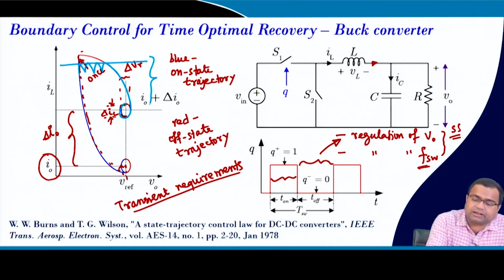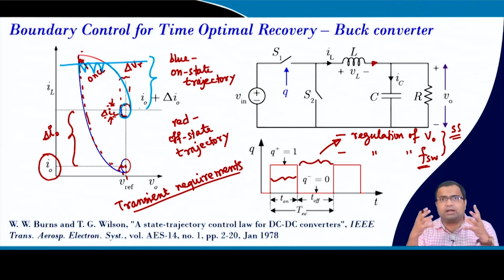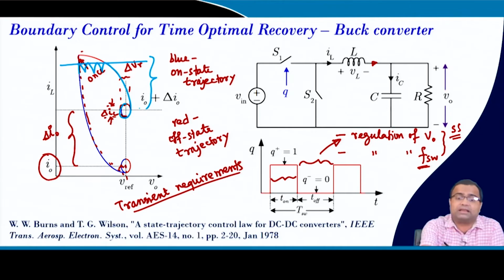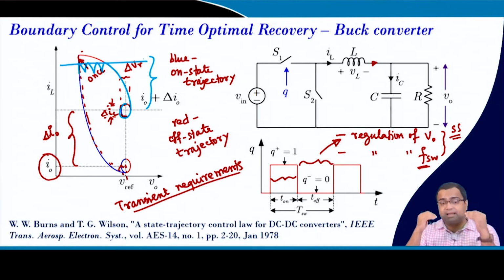So, this is my current overshoot. Sometimes this current overshoot may not be acceptable because there can be some limit in the inductor, but in general these current limits are okay. But even if you put a limit, we have to devise a control strategy where it will not allow the inductor current to go beyond a certain value. That means there should be some kind of current control mechanism.